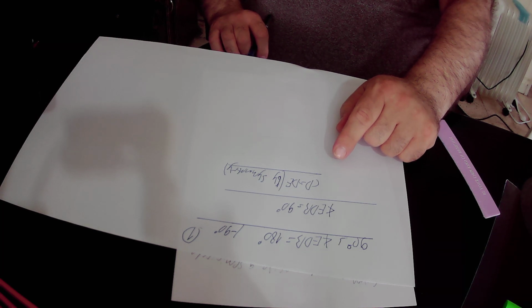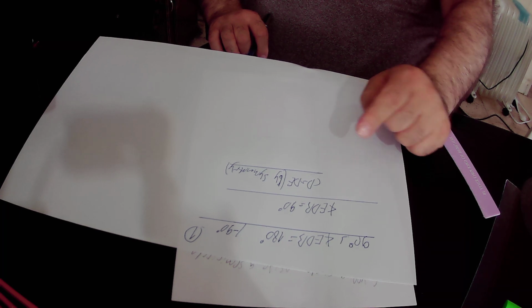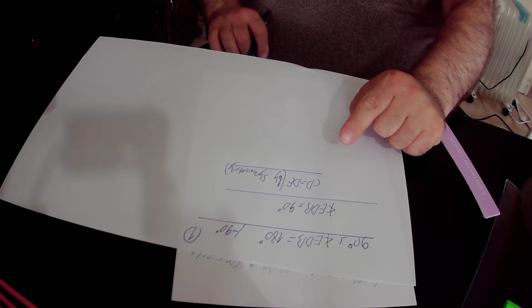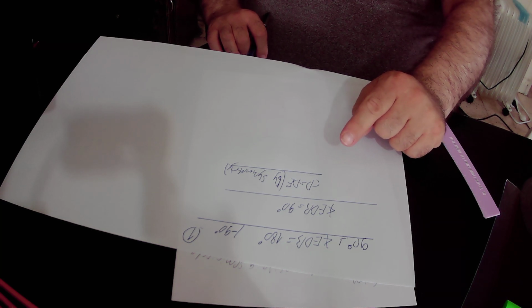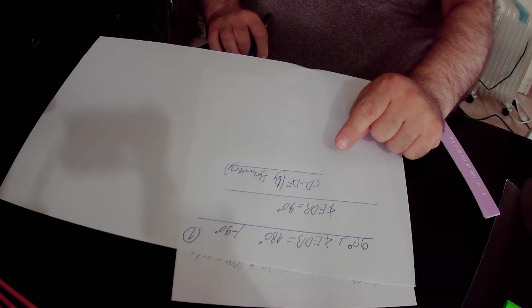Exactly like in the mirror, DE is the mirror image of CD, and because of that, their lengths are equal to each other, and the only difference between those two line segments is the direction.